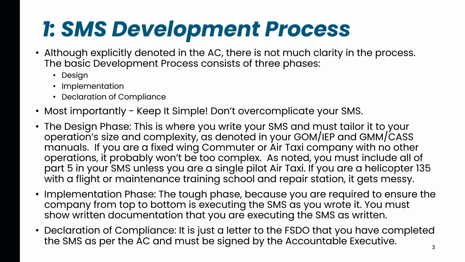And then at the end, once everything's done and you've got it up and running, you've got processes in place, a method to document things, and your training going, because you'll have to do a little bit of safety training, then you can ship off the declaration of compliance, which they list in the AC how to write. So, but it's not that complex.